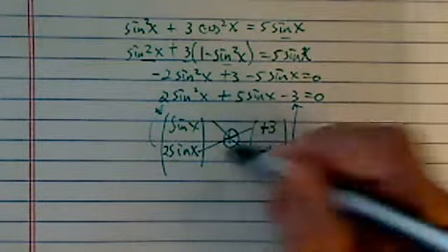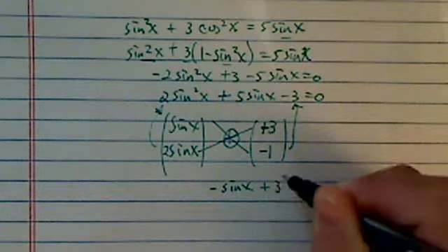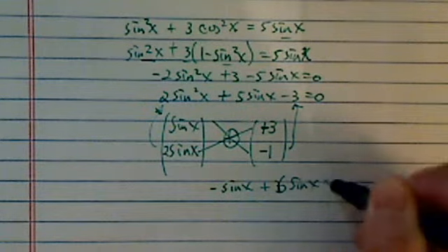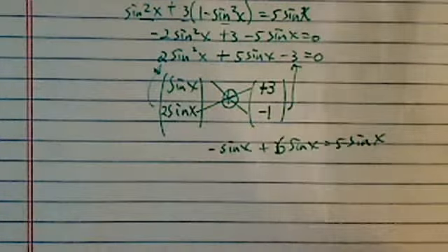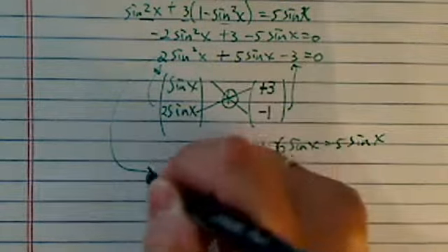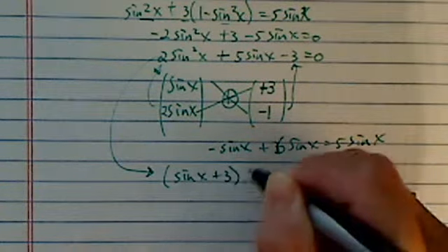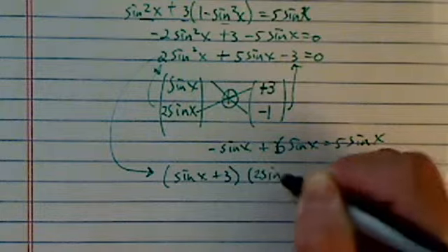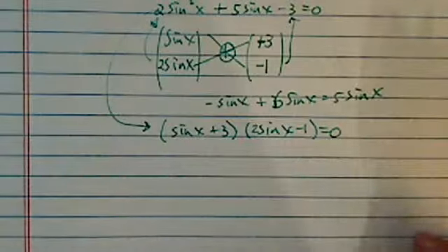When I cross multiply, I should have sine x, which is minus, plus 6 sine x, which gives me my sine x times 5. So when I factor this one, the answer becomes sine x plus 3 times 2 sine x minus 1 equal to 0. Here's my factor.